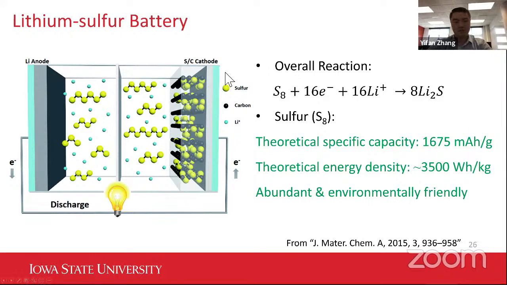Basically, during cycling, the sulfur is reduced and paired with lithium ions to form lithium sulfide as the final product. The advantages of sulfur are not only its theoretically high electrochemical performance, but also its abundance on earth, and its cleanness also meets environmental protection requirements.